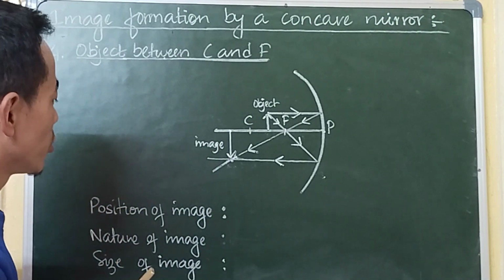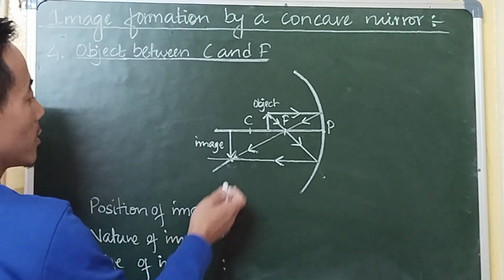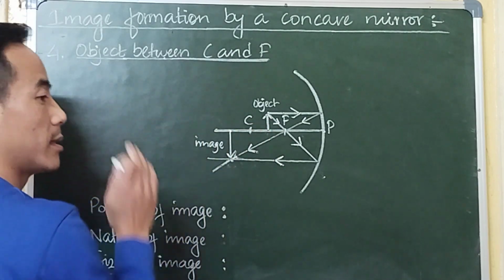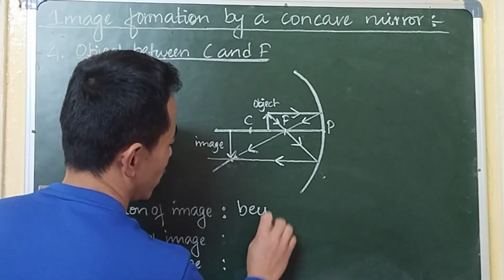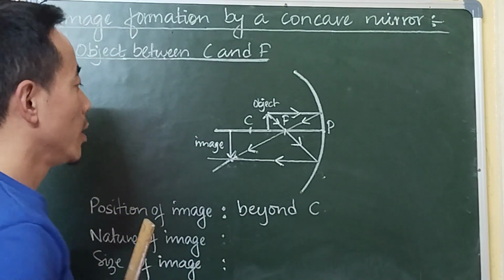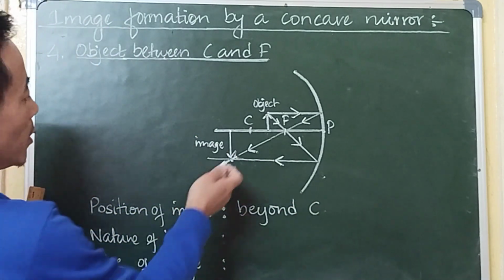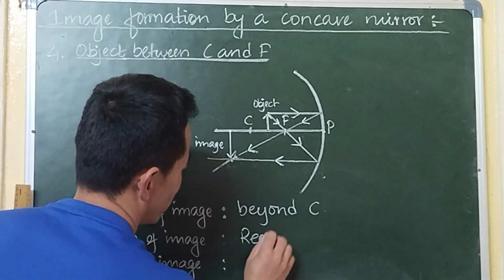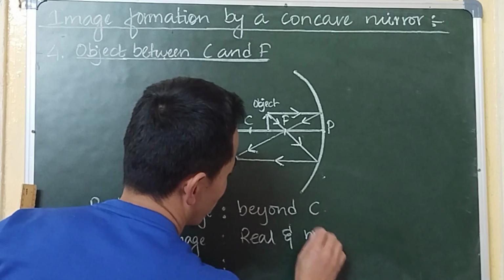Now let's see the position of the image. If you can see the image, it is formed beyond C or behind C. So you will write here, position of the image is beyond the center of curvature C. If you look at the image, again the reflected rays are intersecting each other, so it is a real image, and real images are always inverted images.